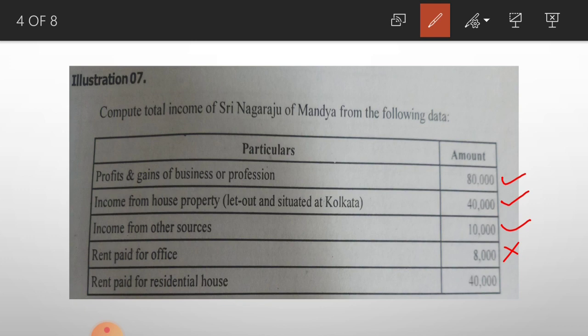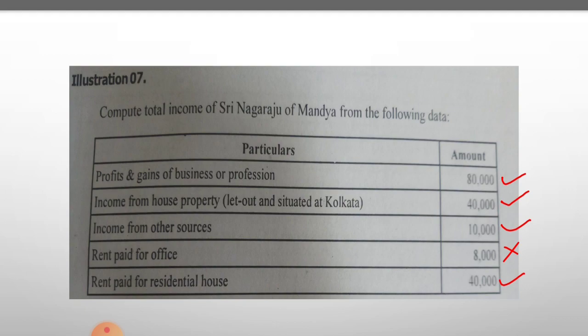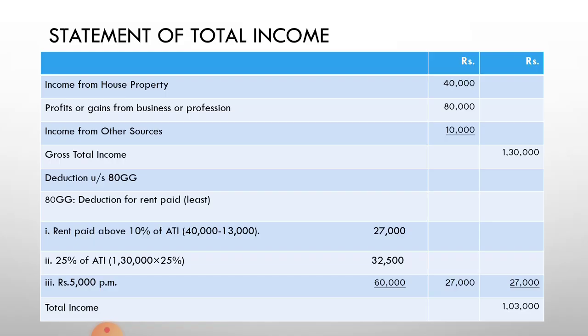Next point is rent paid for residential house, rupees 40,000. So, the actual rent paid by Mr. Nagaraju is 40,000. This one you have to consider. Next, see the solution. Statement of total income, you have to draw 3 columns.